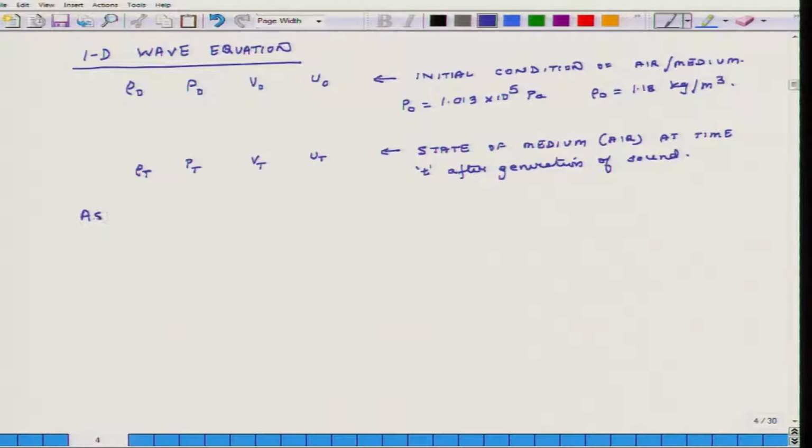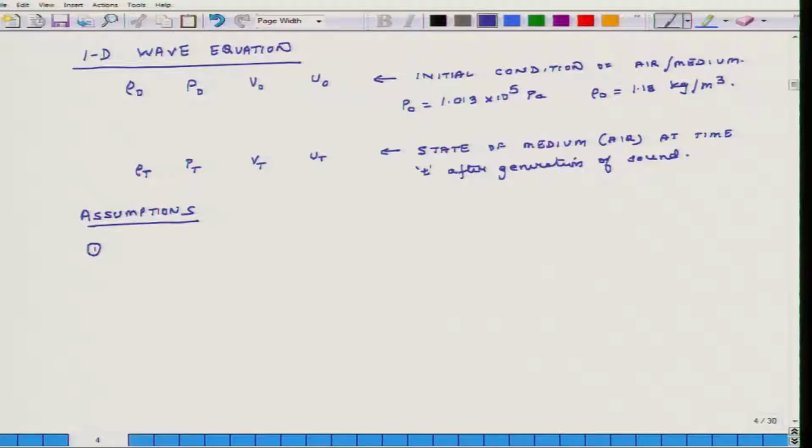Now, what we will do is make some assumptions. When we are trying to figure out how sound is propagating in one specific direction, and it is not spreading in other directions, then it is a one dimensional propagation. In that case any variation of density, pressure, volume or velocity is only going to happen in one specific direction, and let us say that direction is x. So, the partial derivative in all other directions is 0.